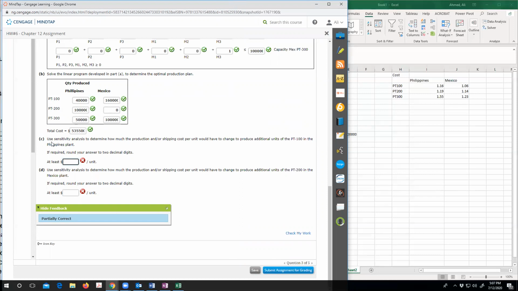So they are saying how much the production or shipping cost per unit would have to change to produce additional units for PD100 and Philippines plant.